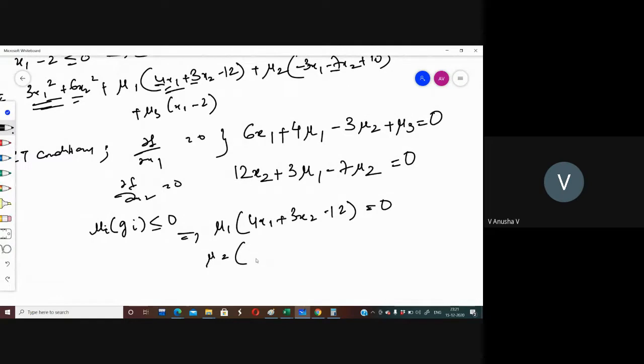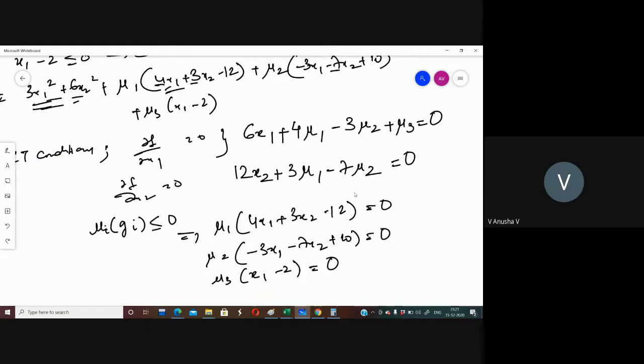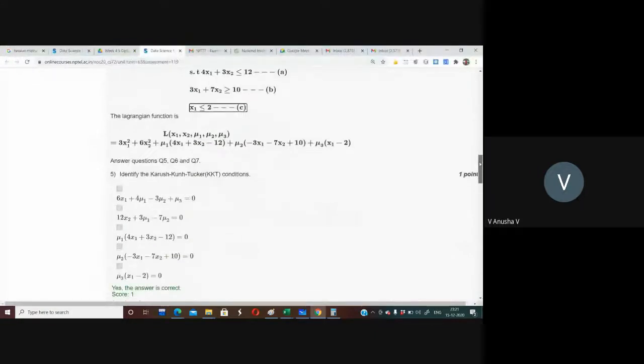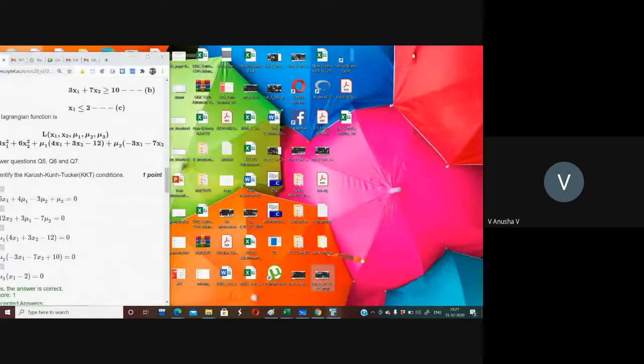Mu2 into minus 3x1 minus 7x2 plus 10 equals 0. Mu3 into x1 minus 2 equals 0. That's it. And here you need to have the mu values greater than or equal to 0. You need to get this condition also. Let's see what are the options given. So let's check with our solution.